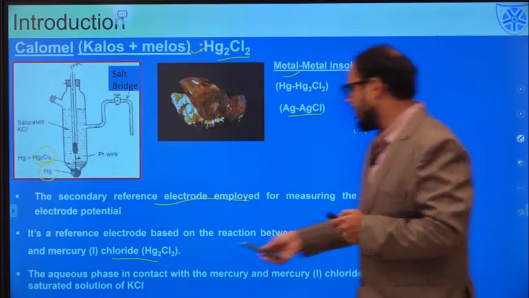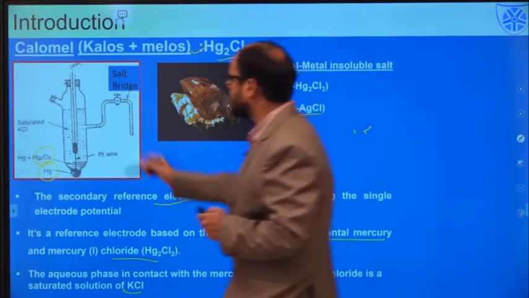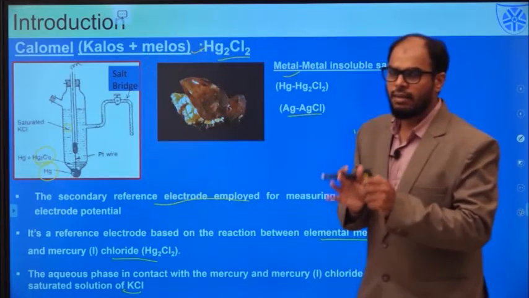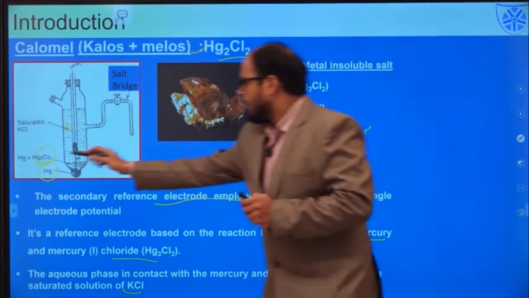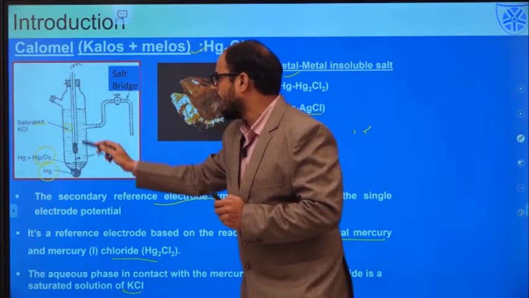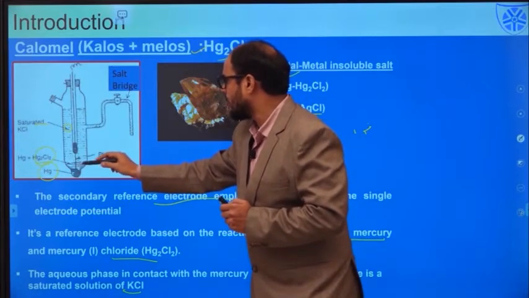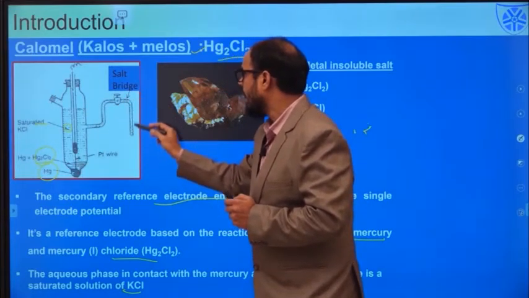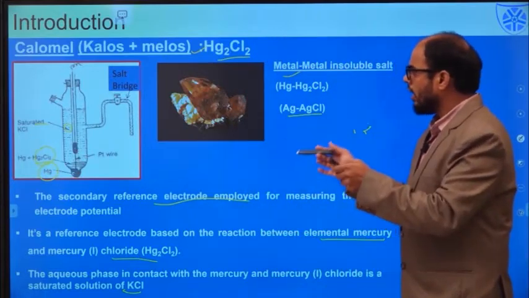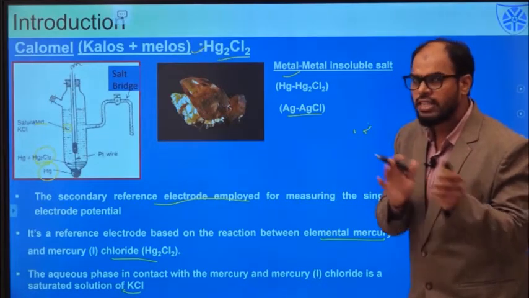And this electrode has potassium chloride as a saturated solution as the electrolyte. So we should understand that this Calomel electrode has mercury plus Calomel and a saturated solution of potassium chloride as the electrolyte. And the whole setup is in a glass tube, which has a side arm, which is nothing but a salt bridge. So this electrode is a reversible secondary reference electrode which can act as an anode as well as a cathode.